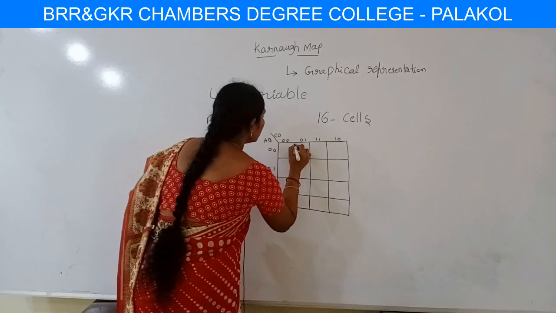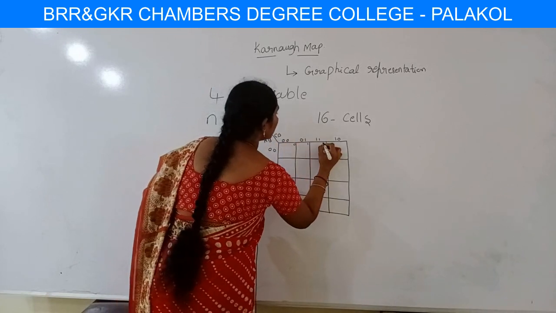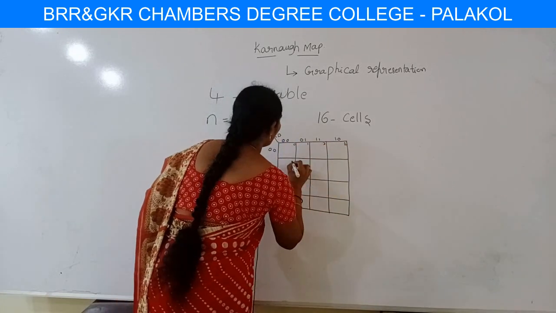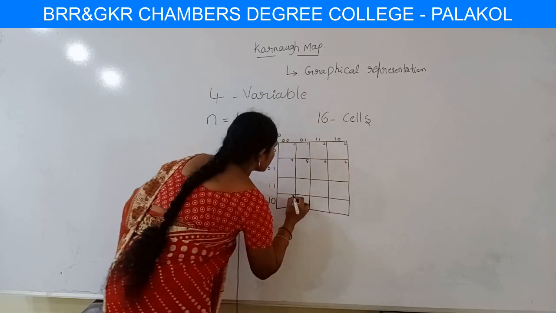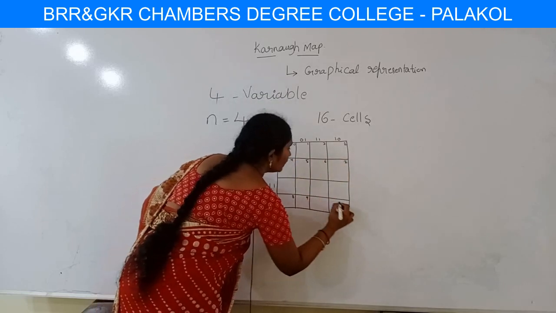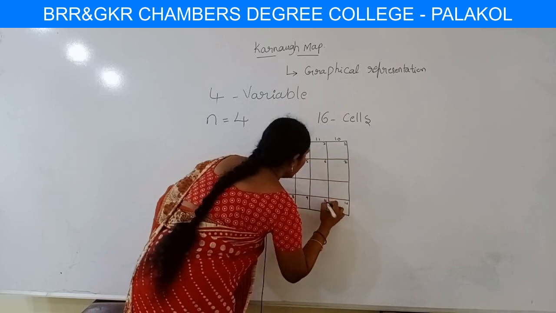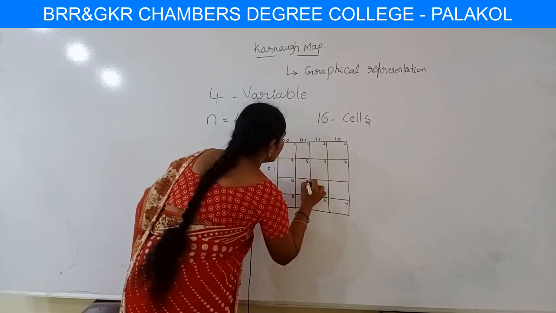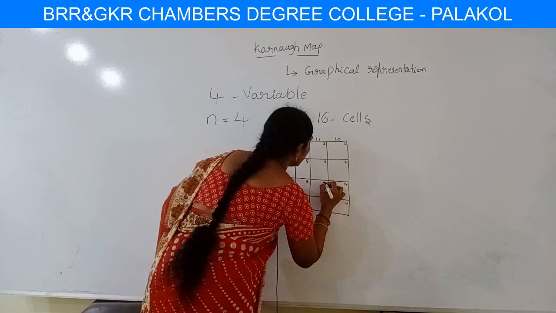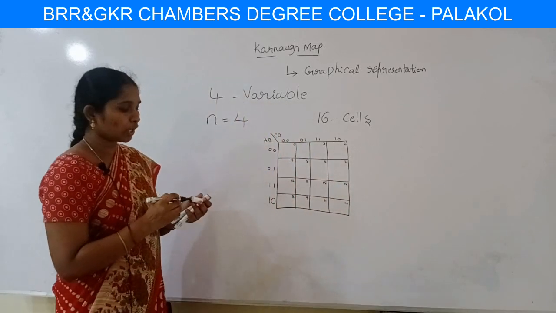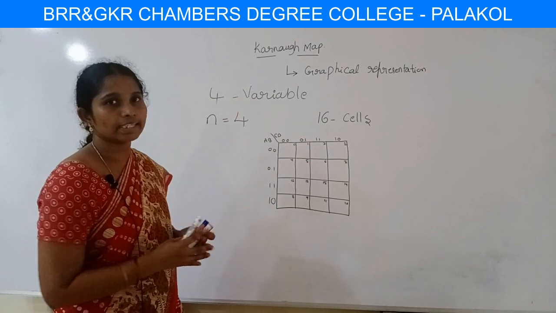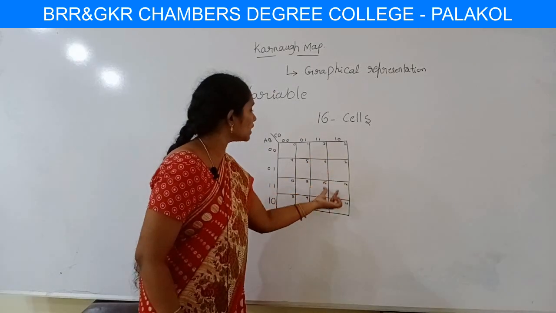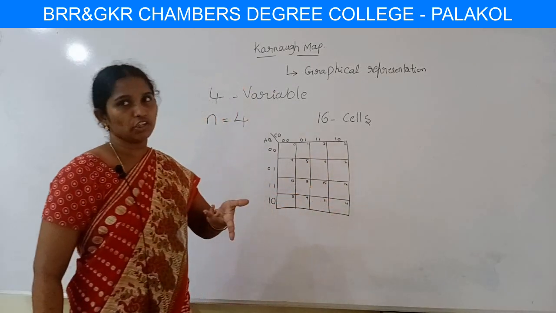Now the cells are 0, 1, 3, 2, 4, 5, 7, 6, 8, 9, 10, 11, 12, 13, 14, 15. Likewise you have to represent the total of 16 cells. Here the last 2 cells are interchanging.